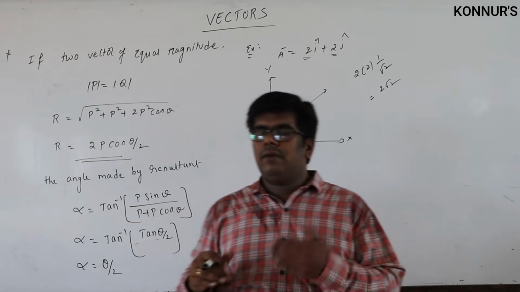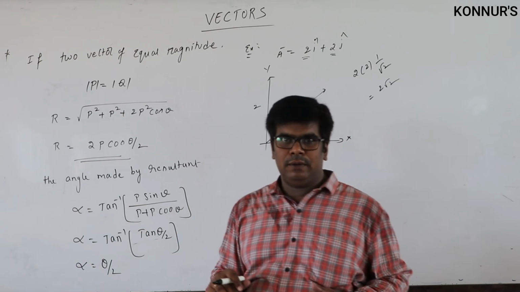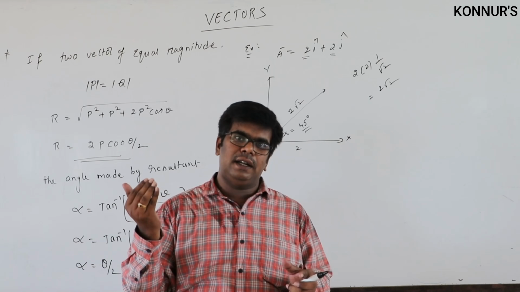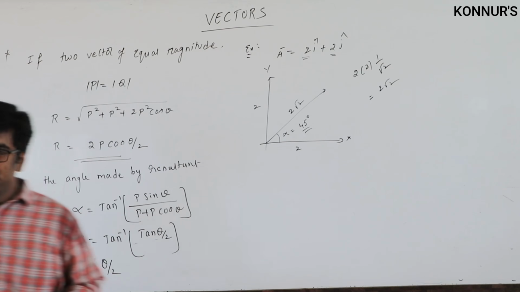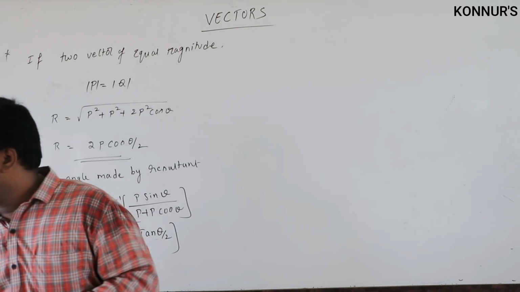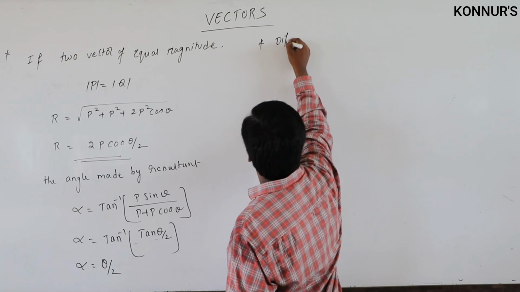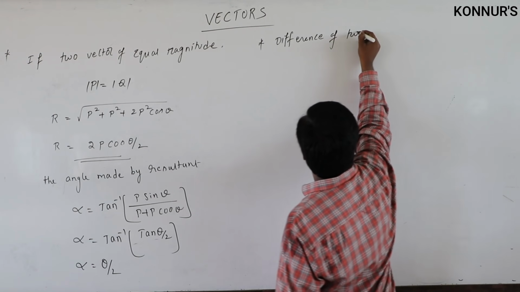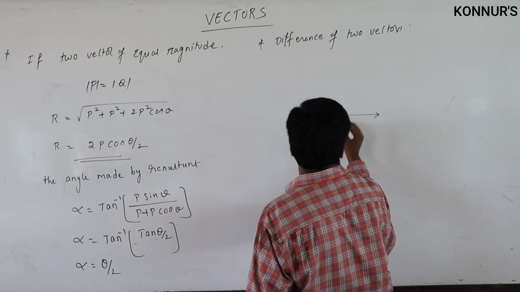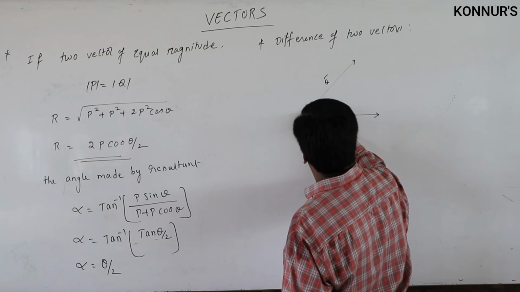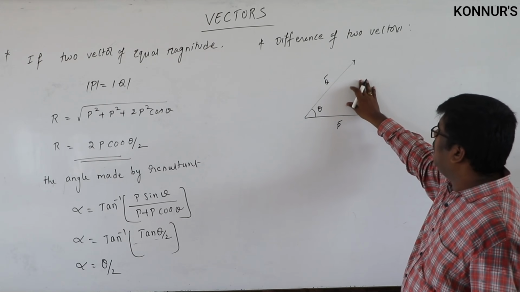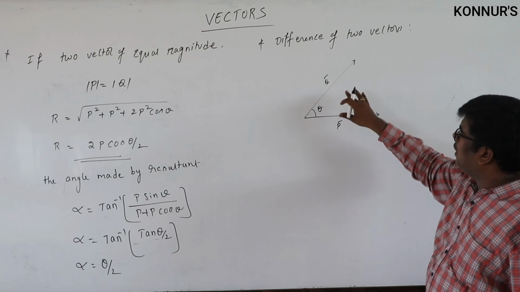In the same manner, if you want to find the difference of two vectors, we have discussed that you have to add the negative of the vector you want to subtract. Let us take the difference of two vectors, vector p bar and vector q bar, with an angle theta between them. If you construct the parallelogram and find the diagonal, that gives the resultant of p and q, the summation.